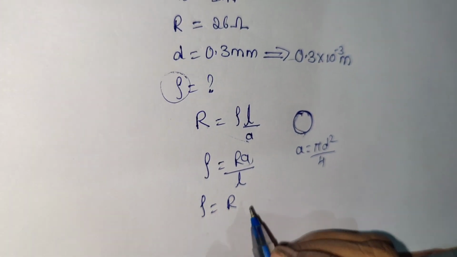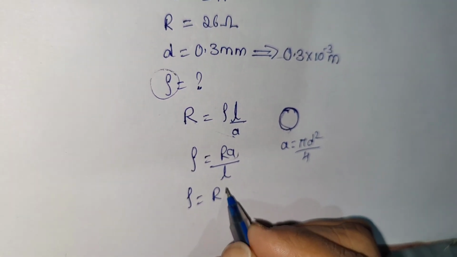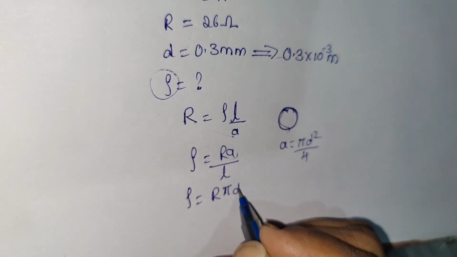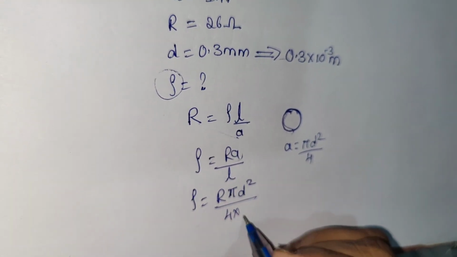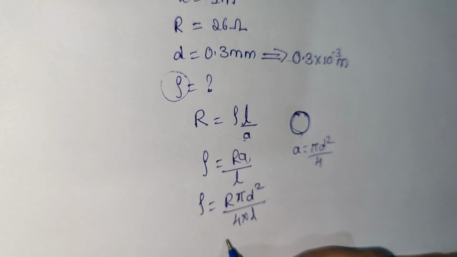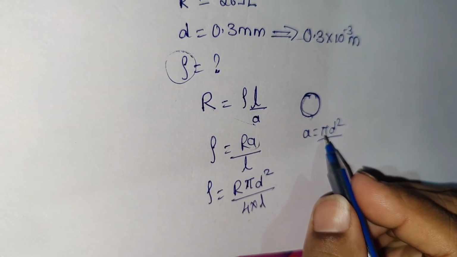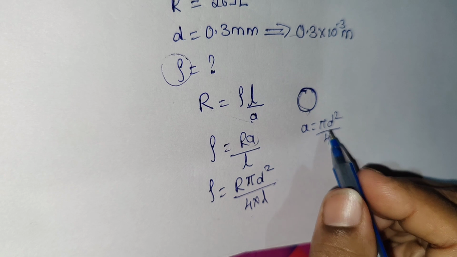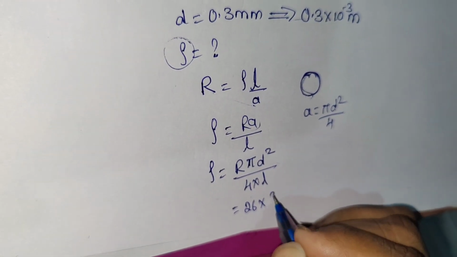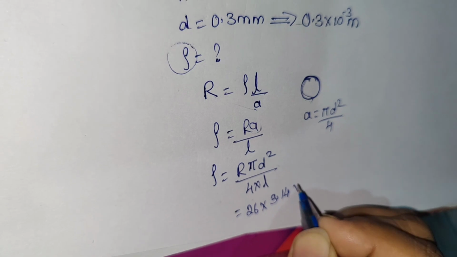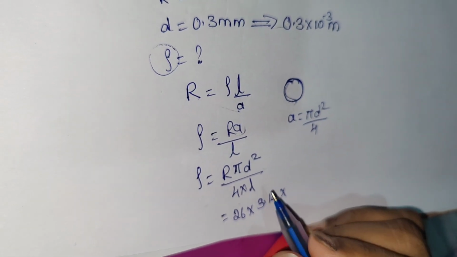So rho is equal to R into, now substitute A, area A is equal to pi d square by 4, into L. Okay, this is the formula. So now substitute, and pi value you should know, 3.14. R is equal to 26 into 3.14 into d square.